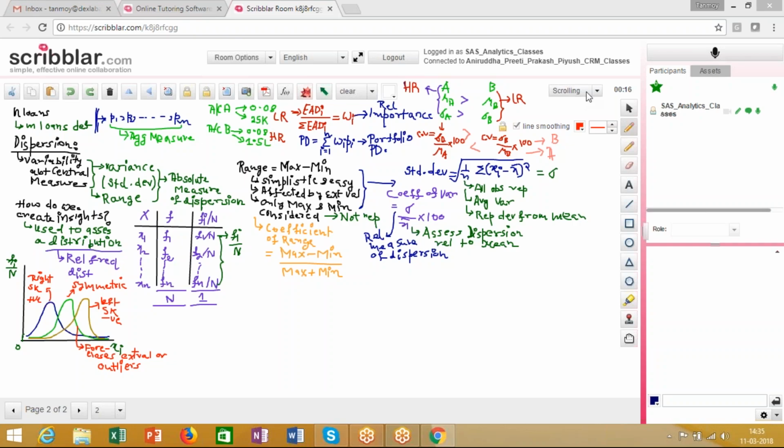So till now, just keep in mind that expected value is nothing but the average value. Okay, Srinivas, not a problem.